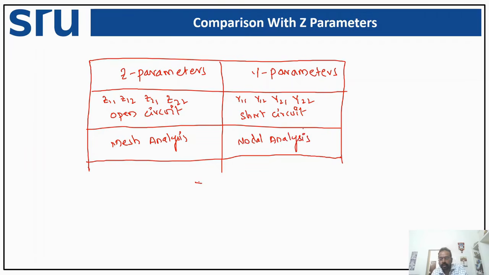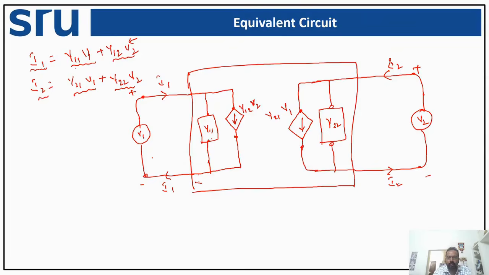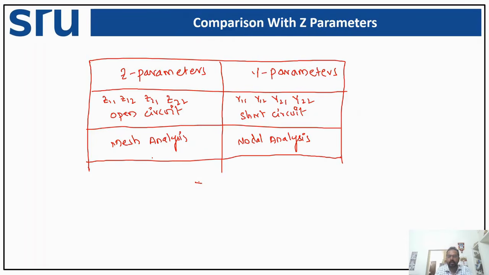You can see, for example, how we did that. We have the Y parameter equations, and this equation and this equation are directly in the form of our conventional Y parameter equations. So our Y parameters are easily computable by applying nodal analysis.